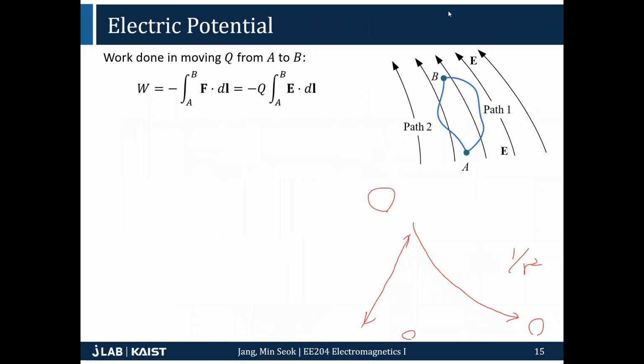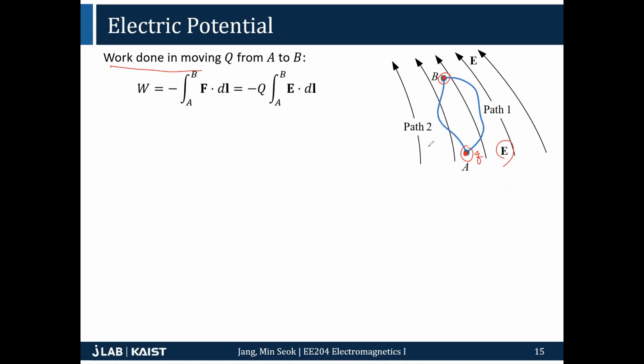As I said earlier, let's think about the work done in moving charge Q from point A to point B. Let's say you have a charge here, and this charge will feel the force due to the electric field, assuming that there is an electric field. And you want to move this charge from this point to that point. How much work is required?